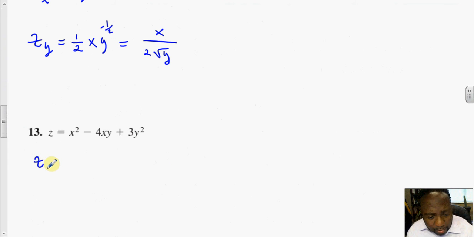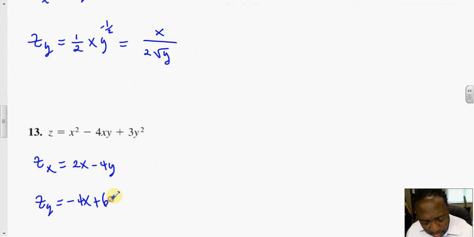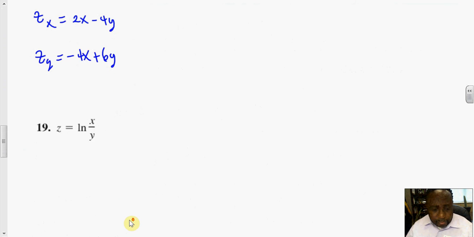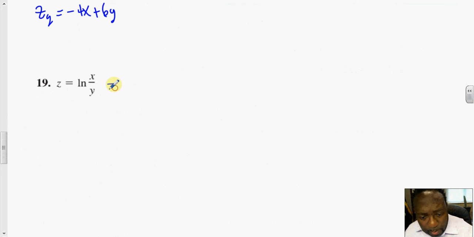Take the partial of z with respect to x. That gives us 2x minus 4y. The partial of z with respect to y is negative 4x plus 6y. Now you can expand this if you wanted to. You don't have to, but I think it may make finding the derivative a little bit easier.